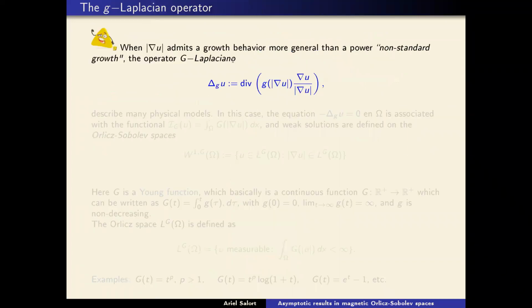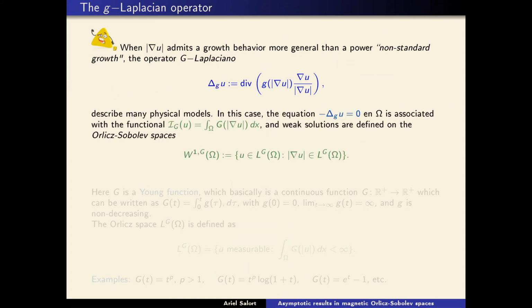So the g-Laplacian is defined this way, and the space W^{1,G}, the space in which you define the weak solutions, is the set of functions in an Orlicz space L^G, and the same for the gradient.